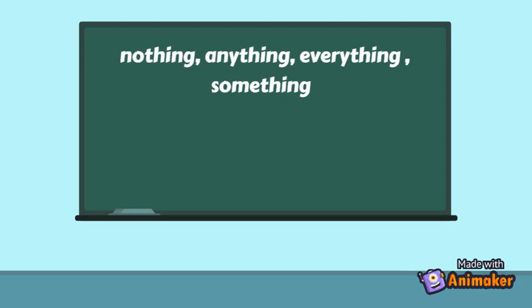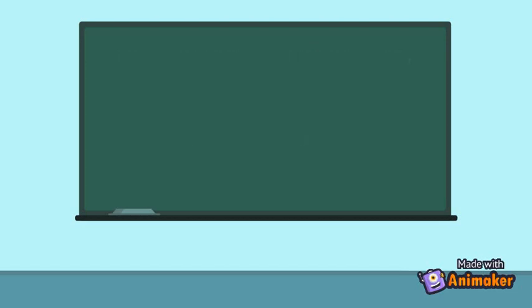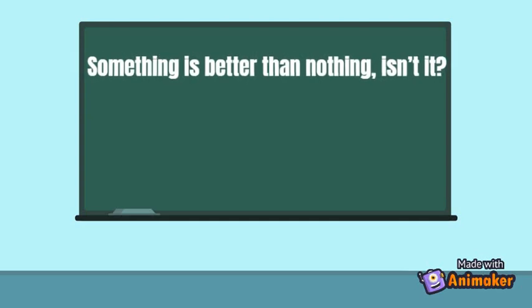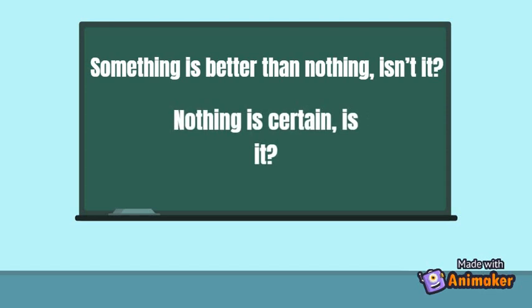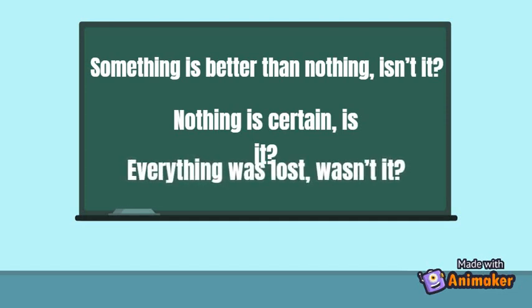In that case, we use it in the tag. Something is better than nothing, isn't it? Nothing is certain, is it? Well, see here, as nothing is a negative word, we are using a positive tag. Everything was lost, wasn't it?